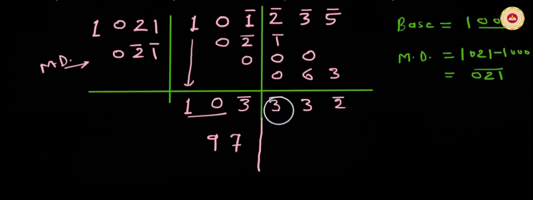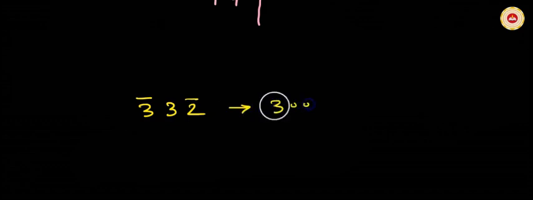First digit is negative, that means whole number is negative. Calculate the actual value of these 3 digits, that means this number 332 with first and last digit negative. So as per place value, what is value of this 3? 300, but negative, because this 3 is hundreds place digit.